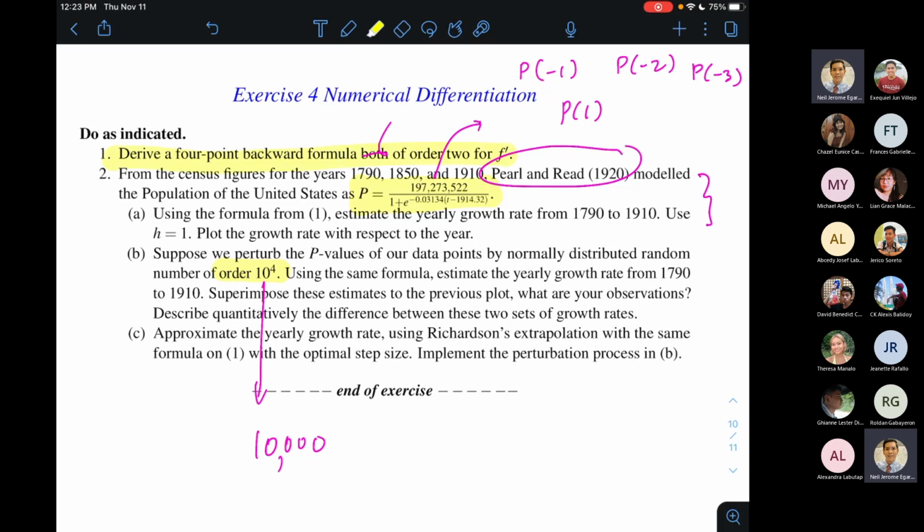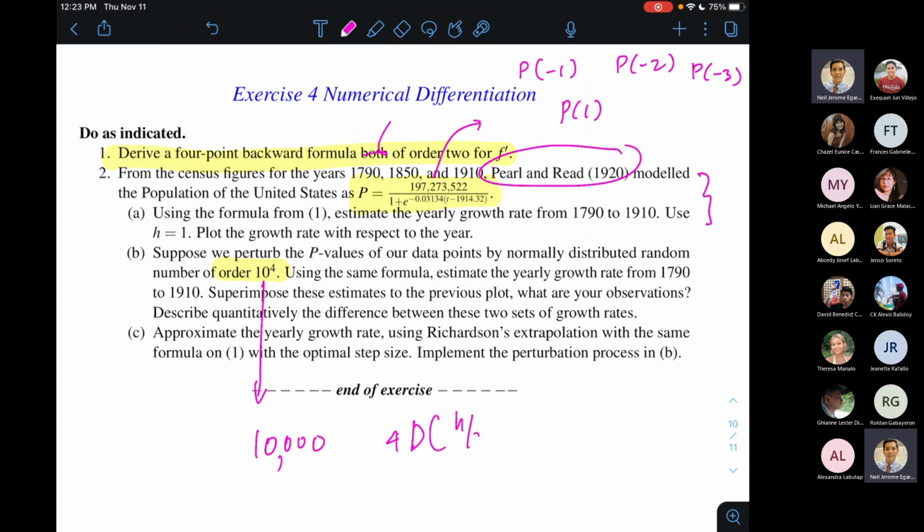Tapos sabi ko, yung Richardson formula na d of yung bagong estimate ay equals to 4 d of h over 2 minus d of h all over 3. Pwede nyo itong gamitin sa kahit na anong formula of order 2. And lucky for you guys, problem 1 required you to use a formula of order 2.